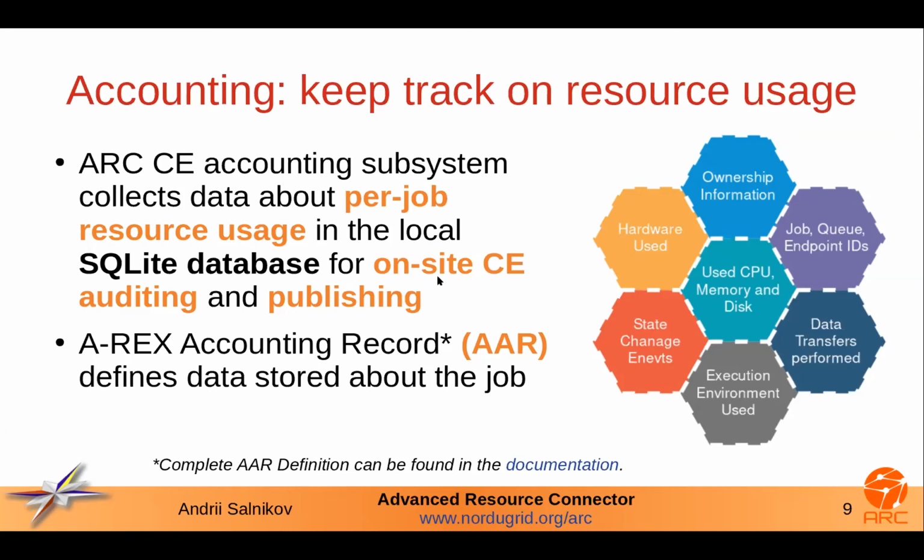If you decide to publish it somewhere, for example, to the APEL services of EGI, you can do it later. So it is independent of the publishing process. We can split the collection part and the publishing part. Now these are completely different, separated parts compared to the ARC5 design of accounting, for example. Let's go further.